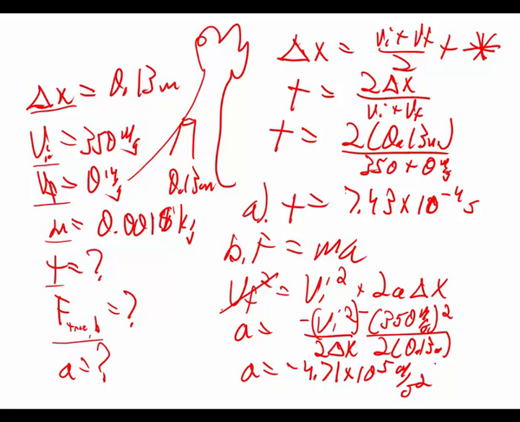It can't apply any more or any less. Right? Okay. So the force then is 0.0018 kilograms times negative 4.71 times 10 to the 5th meters per second squared, and we get a force of what? Negative 847.8.